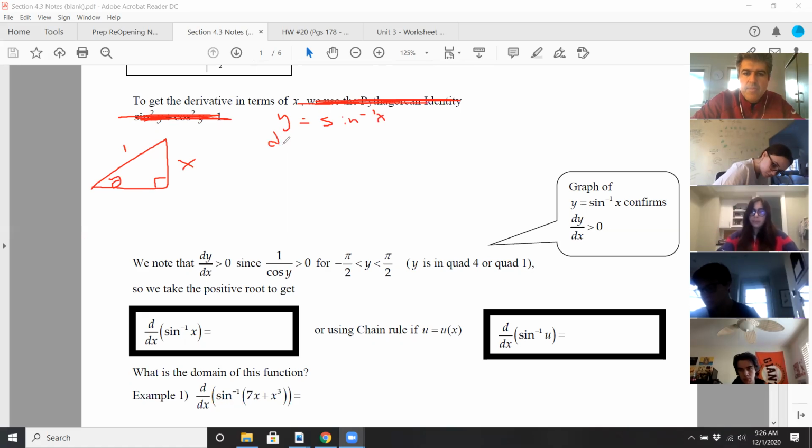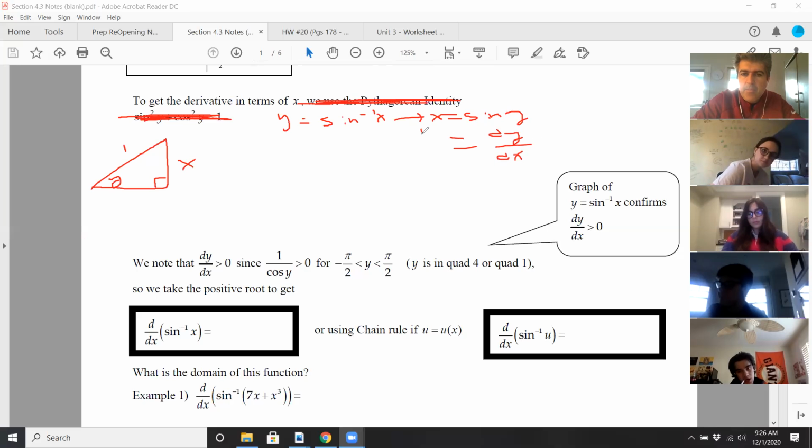When I rewrote it like this, x equals sine y, and found the derivative, I got 1 over cosine y. Now, let's take a look at this right triangle here.